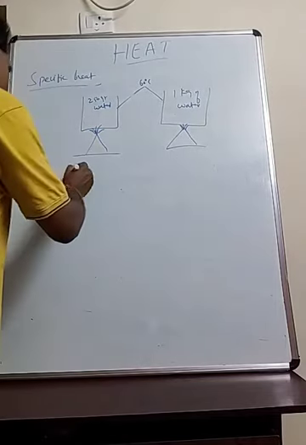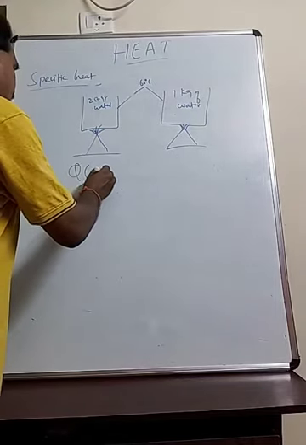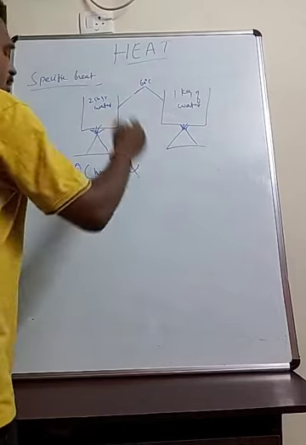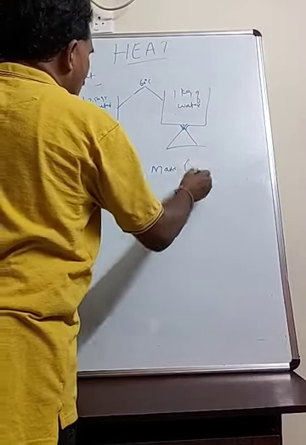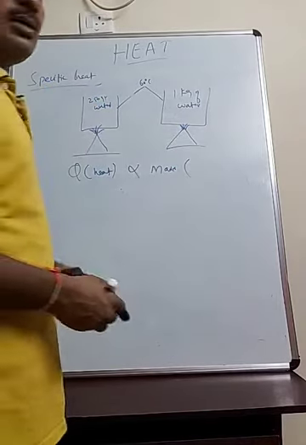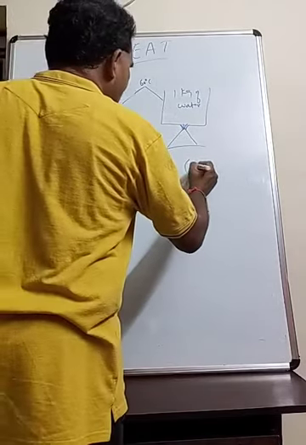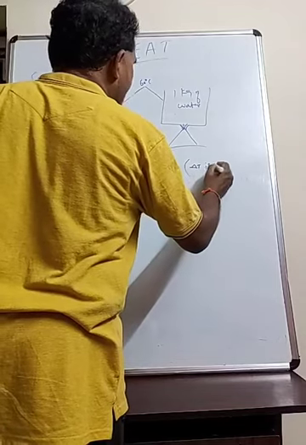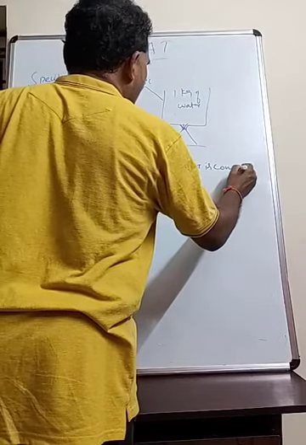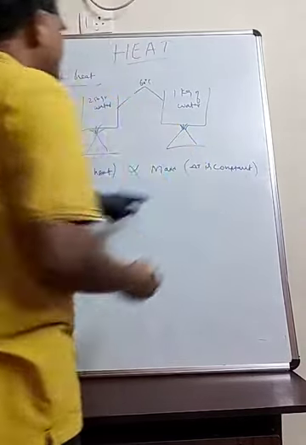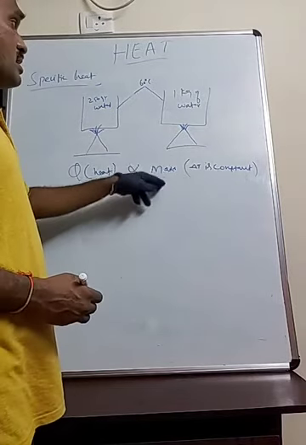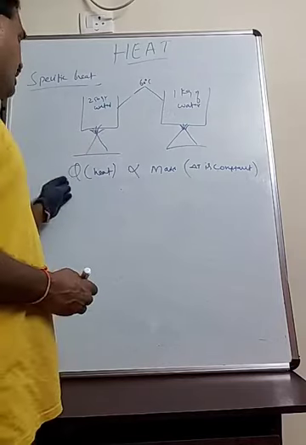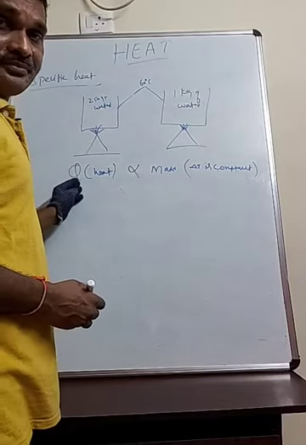That means Q, heat, is directly proportional to mass, when the change in temperature delta T is constant. Because if mass increases, we need to give more heat.